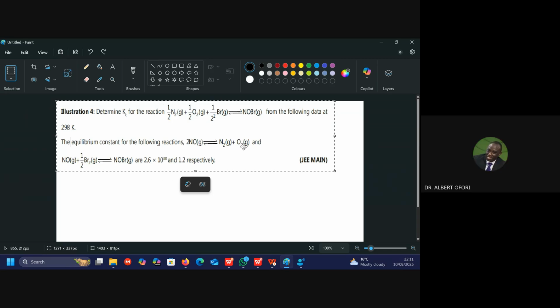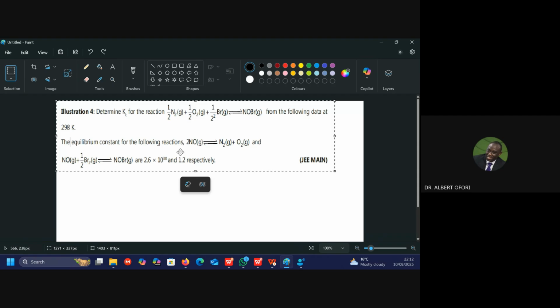From the derivation that we did, if I reverse an equation, the new K becomes 1 over the original K. You remember that. Now, if I multiply it by a factor, the new K becomes the K raised to the power of that factor which I multiply by. So in this case, I'm going to reverse K1, which is going to be 1 over 2.6 times 10 to the power 30.